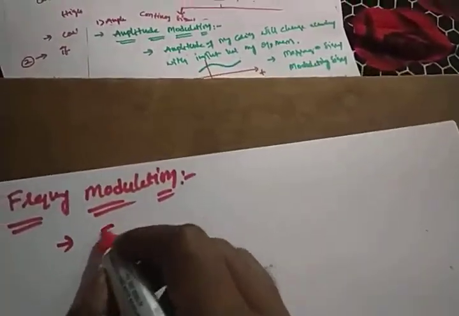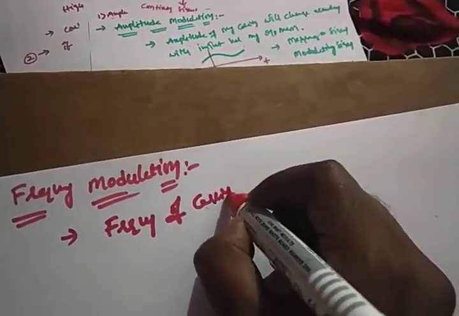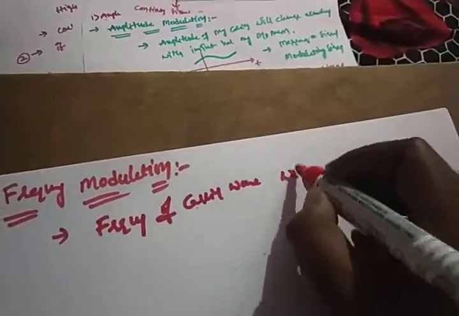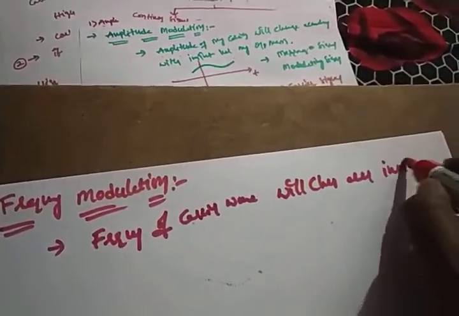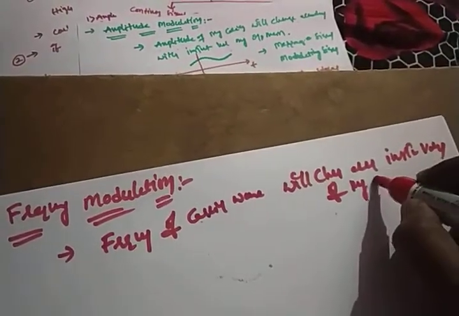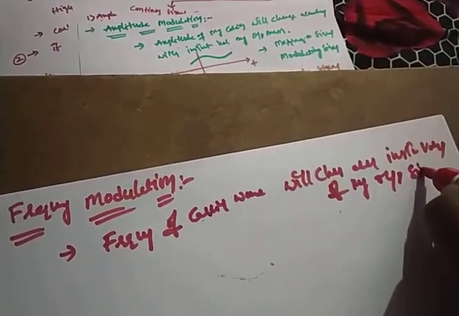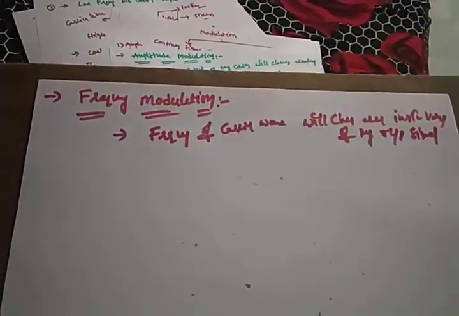You will say the definition. That means the frequency of the carrier wave will change according to the instantaneous values of my input signal or message signal. So this type of modulation we can call frequency modulation.